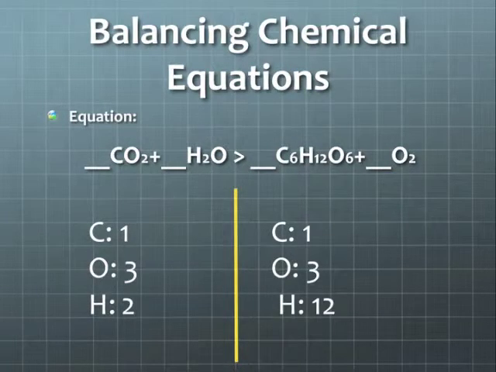There should be the same amount of carbon, oxygen, and hydrogen on both sides, so I inserted 6 to CO2, H2O, and O2. To calculate the number of elements on both sides, if there is a subscript, you need to multiply it by the coefficient.